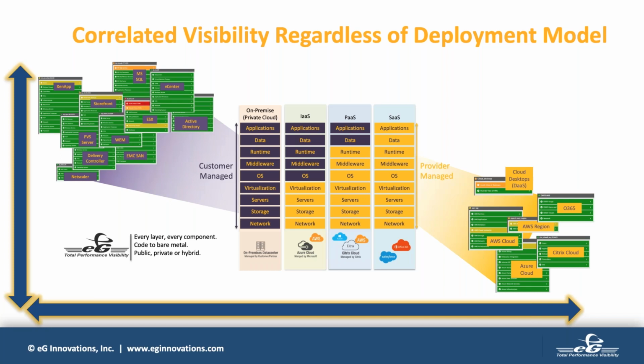We can do that. During the migration, we can baseline, and after the migration, we can baseline. What's unique about the architecture is it has a universal agent or data collector, so you can reuse licenses. You could move a license from on-prem to the cloud, for example.